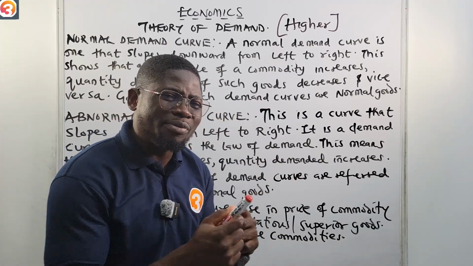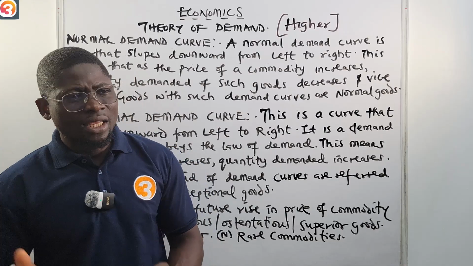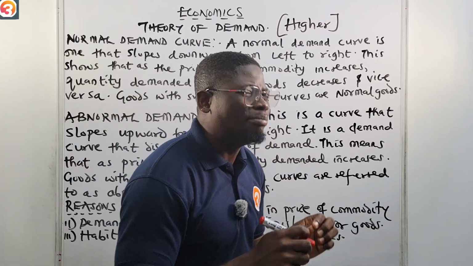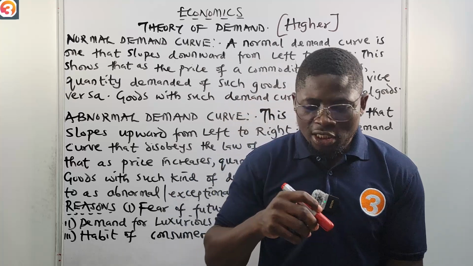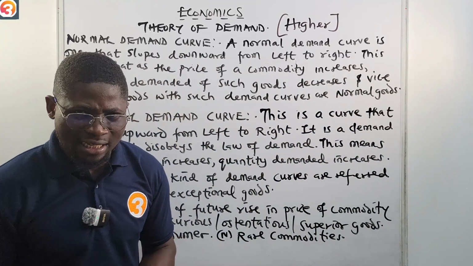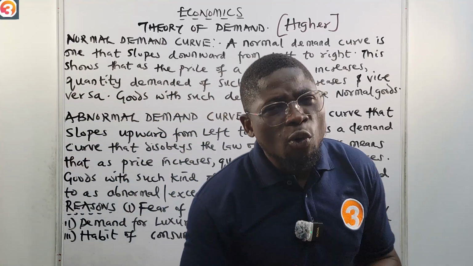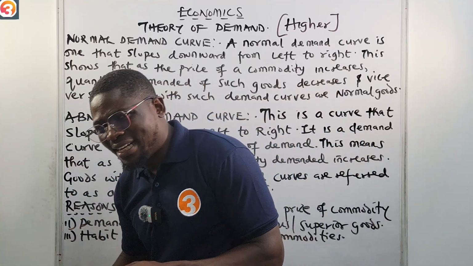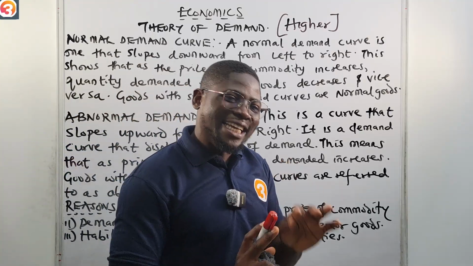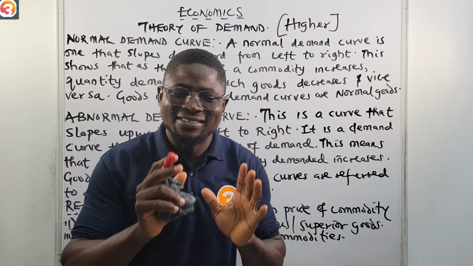But once the price is low, people will tend to demand it more. So in general, the law of demand says that the higher the price of a commodity, the lower the quantity demanded. If you are taking notes, please take notes down. The higher the price of a commodity, the lower the quantity demanded, and the lower the price of a commodity, the higher the quantity demanded, and vice versa.